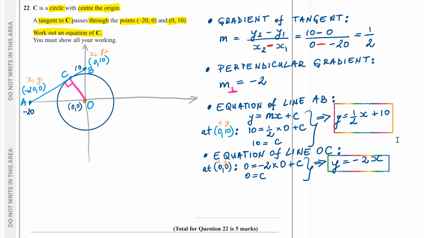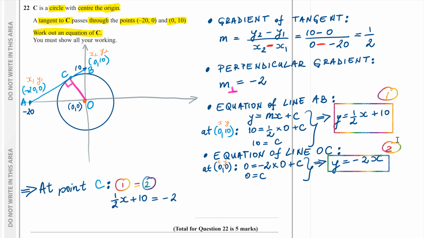To work out the coordinate point where the tangent meets the radius, we can use simultaneous equations. Both of the equations have y as the subject of the formula, so we can just make them equal to each other. So at point C, equation 1 is equal to equation 2: half x plus 10 equals minus 2x. Add 2x to both sides, becomes 2.5x plus 10 equals 0.